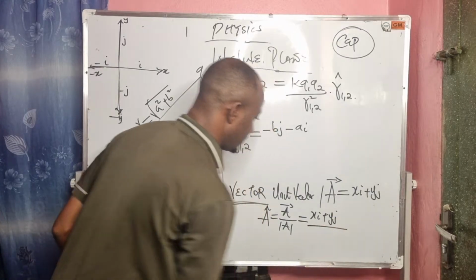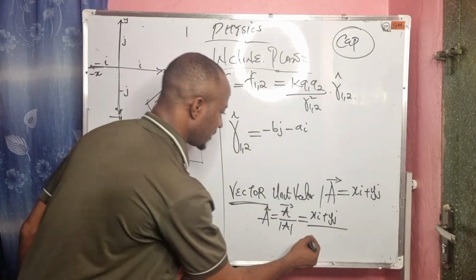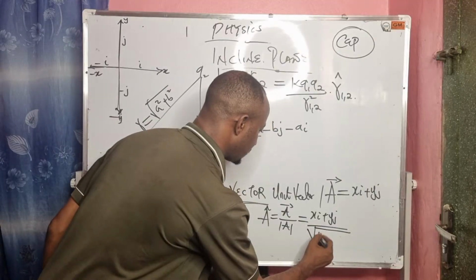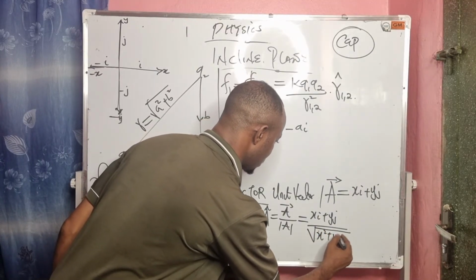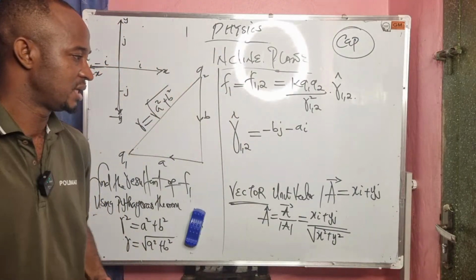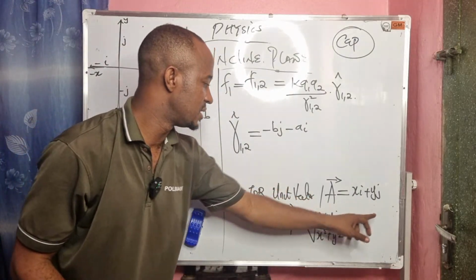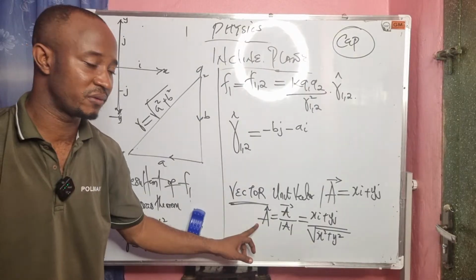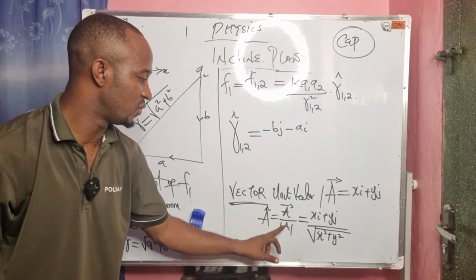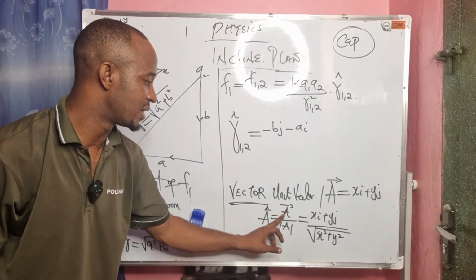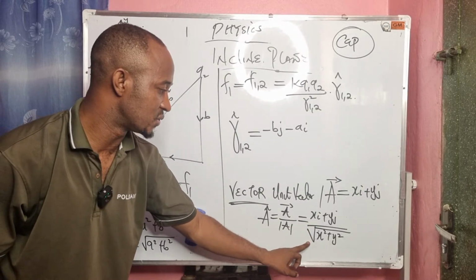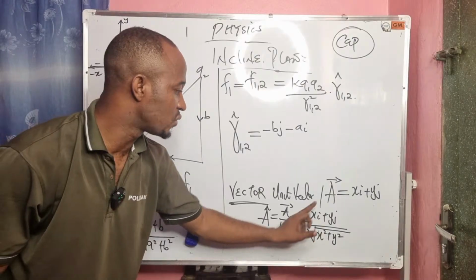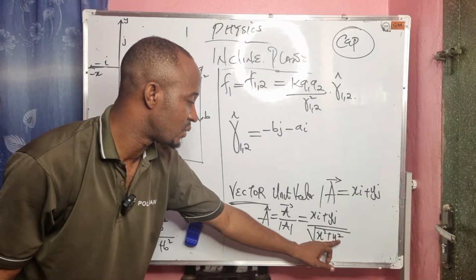Meaning that vector A is this, xi plus yj, over the modulus of A, which is simply the square root of x squared plus y squared. I'll repeat again. If vector A is this, by definition, the unit vector of A means vector A over A modulus, which is the square root of x squared plus y squared.